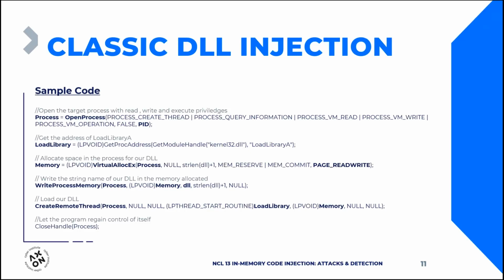If you notice, with VirtualAlloc, memory is the reserved space that now contains the DLL path. So LoadLibrary is going to look inside memory, get the path, load the DLL that is pointed to by the path, and then run it inside our target process. This is basically the classic DLL injection.